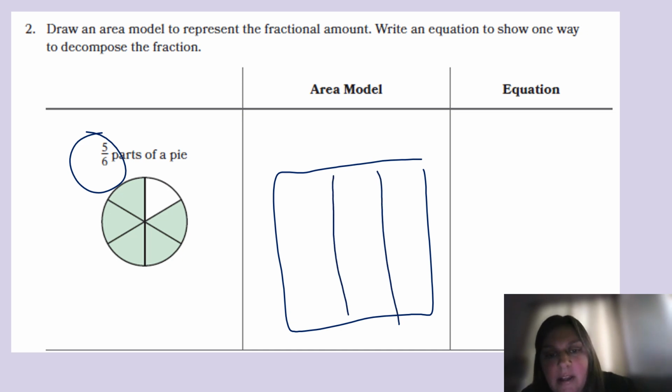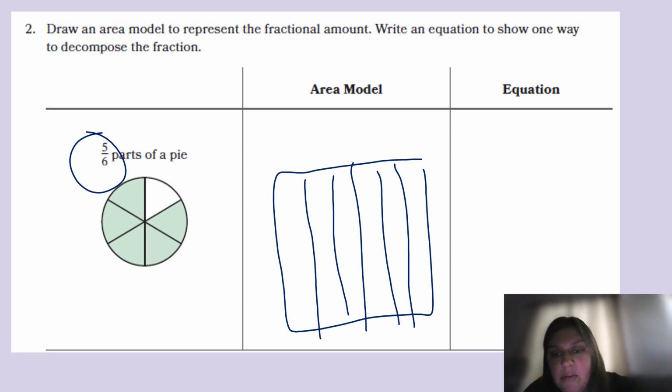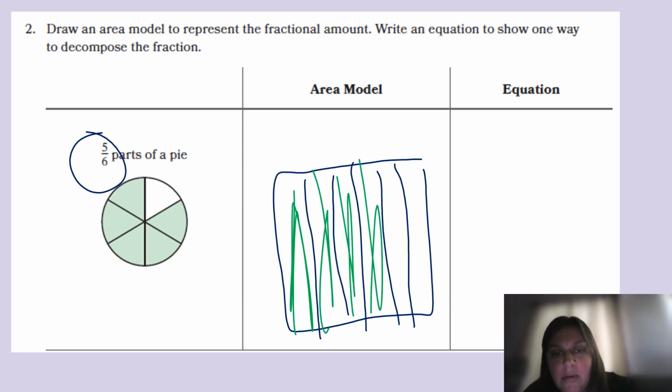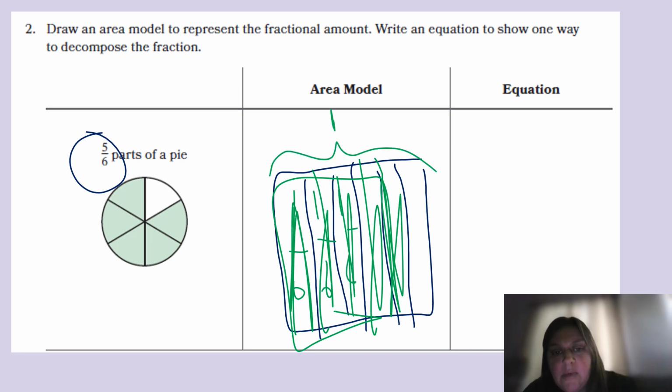I did that by cutting it into thirds first, and then I cut the thirds in half because 3 times 2 equals 6. And then I know I'm shading in 5 parts: 1 part, 2 parts, 3 parts, 4 parts, 5 parts. So you should have 5/6 shaded in, and you might still be labeling them as all 1/6. We would want our brackets to show this was 1 whole.